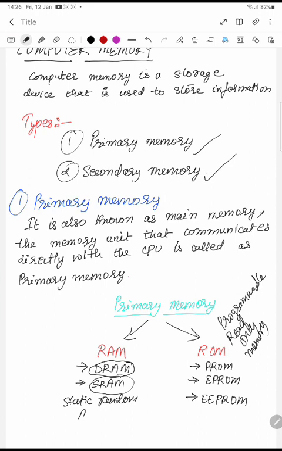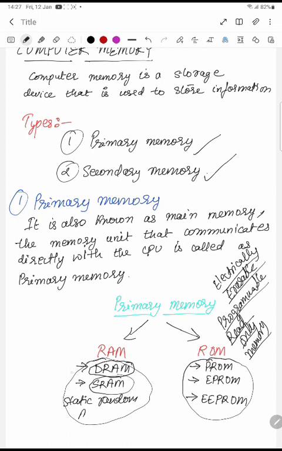Its full form is erasable programmable read only memory. Okay, and the last one is EEPROM, whose full form is electrically erasable programmable read only memory. So these are the three types of ROM and these are the two types of RAM.